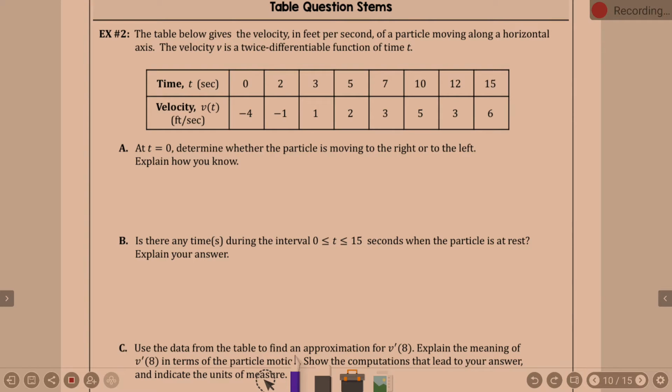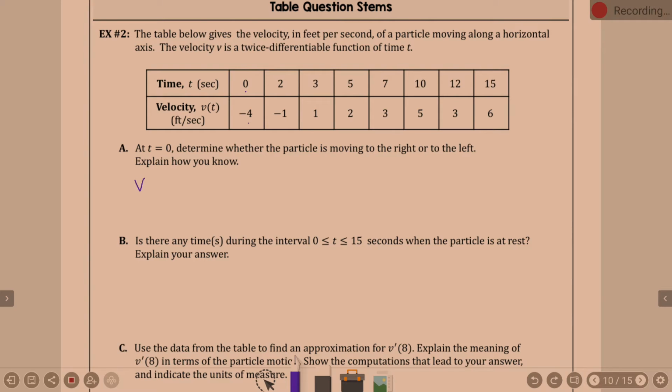Easy question if you were here yesterday and remember what we talked about yesterday. Okay. At time 0, determine whether the particle is moving left or right. Explain how you know. What do we know at time 0? Velocity is negative. A negative velocity means that the particle is moving to the left.